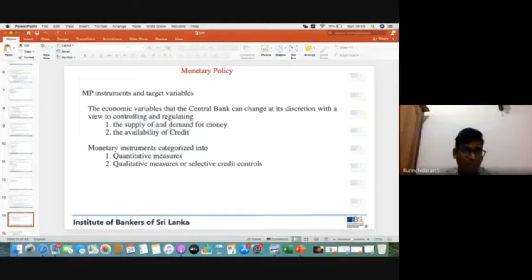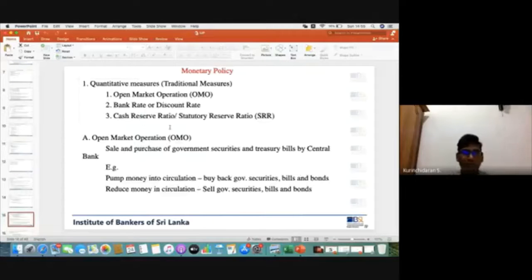When it comes to monetary policy instruments, they can be categorized into two: quantitative measures and qualitative measures, or selective credit controls. First, we look into the quantitative measures.